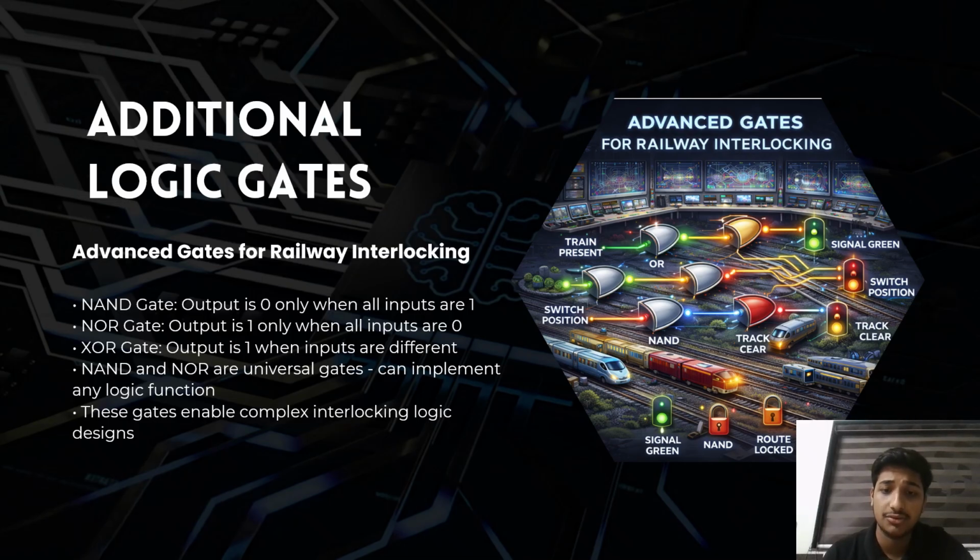These gates are widely used in designing complex digital systems. The NAND gate output is 0 only when all inputs are 1. XOR output is 1 when inputs are different. These gates enable complex interlocking logic designs.